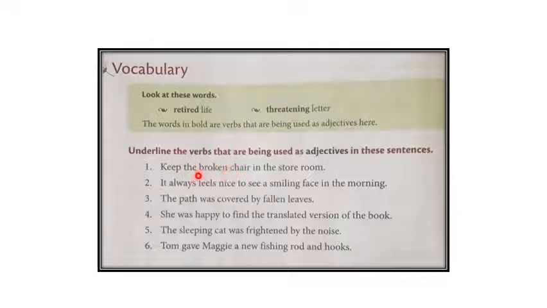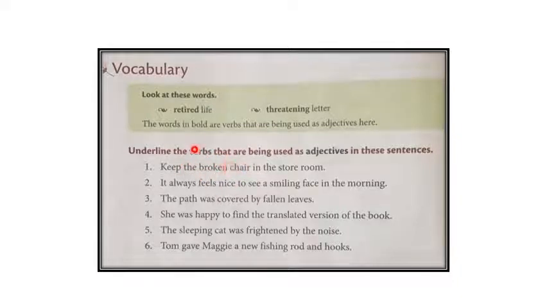Here, broken is actually a verb. It is the third verb form of the word break. Break, broke, broken. So we use it as an action word, as a verb. But here in this sentence, it is used as an adjective, to describe the noun chair.